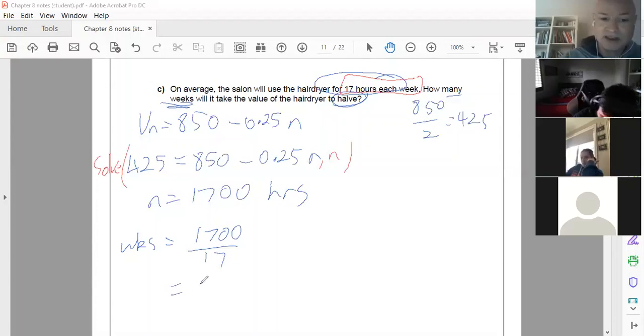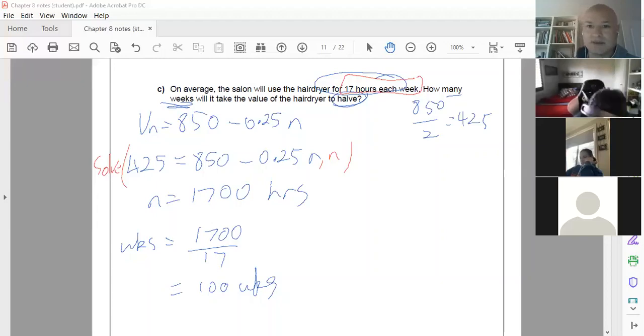And when we do that, we get 100 weeks. So it's going to last 100 weeks before it's halfway, half the money. Any questions with that one? No? Okay. Clear this.